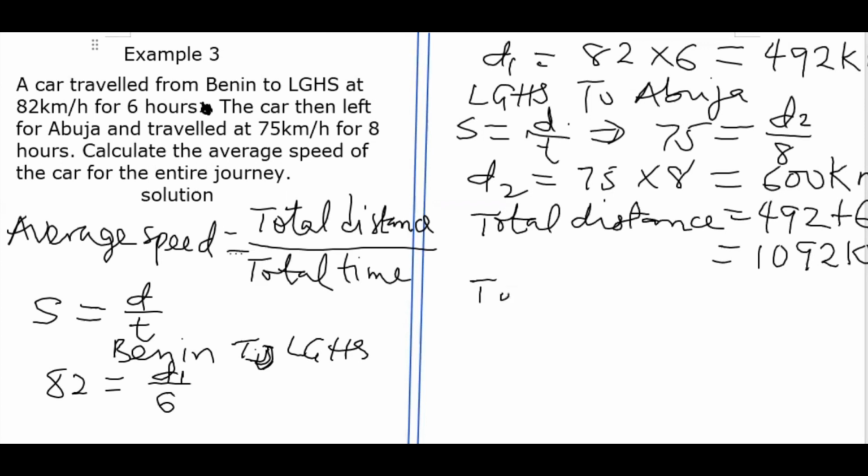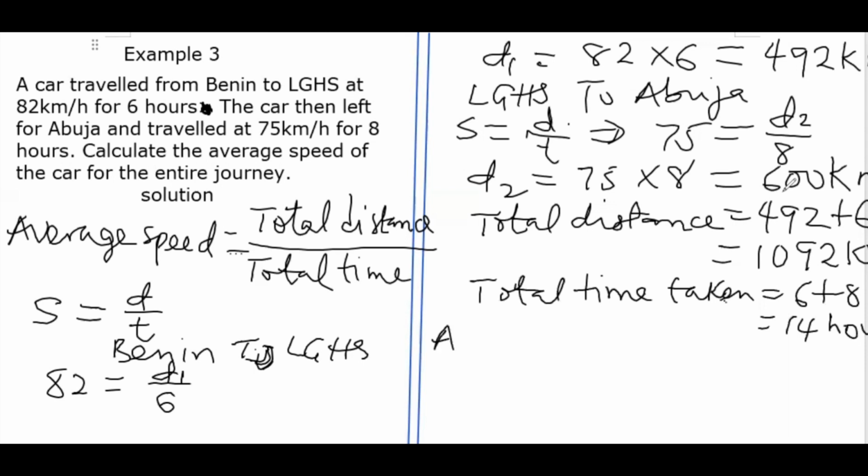And what was the total time taken? The total time taken is: the first segment of the journey takes 6 hours, while the second one, 8 hours. Altogether, we have 14 hours.